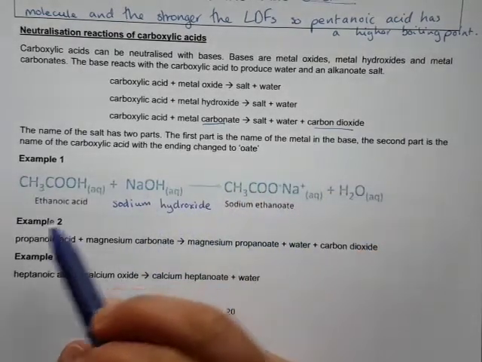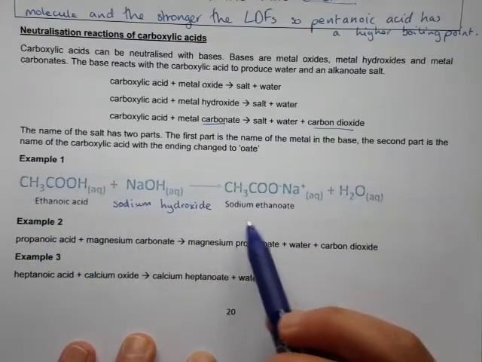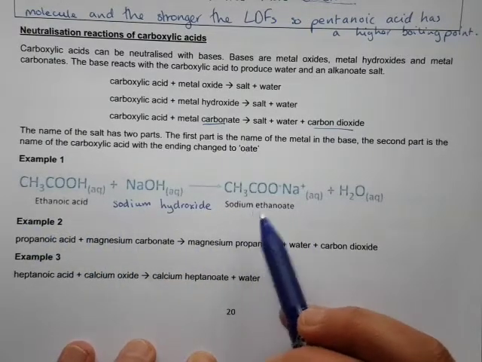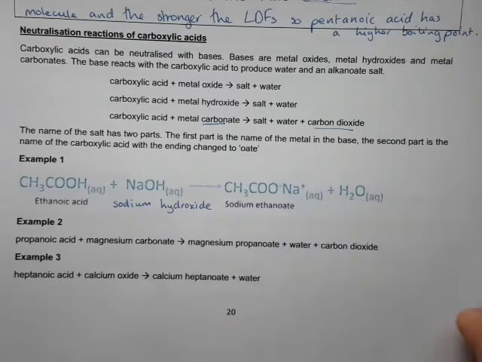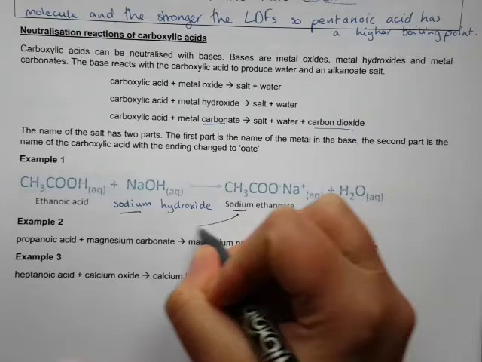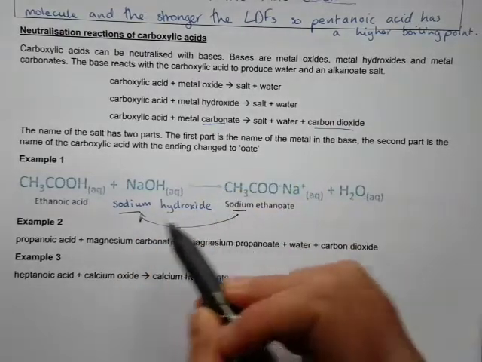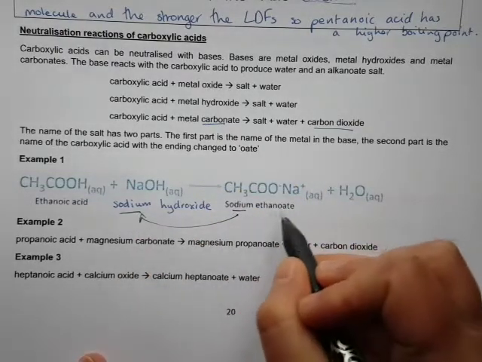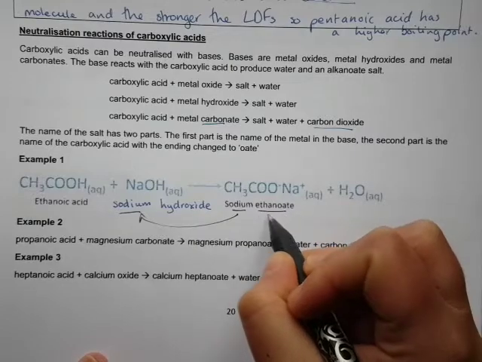And that's reacting with ethanoic acid and then it's producing this salt here. So the first part of the name of the salt is coming from the metal in the base. So the salt is called sodium ethanoate because it's sodium hydroxide, and it's called sodium ethanoate because it's ethanoic acid.